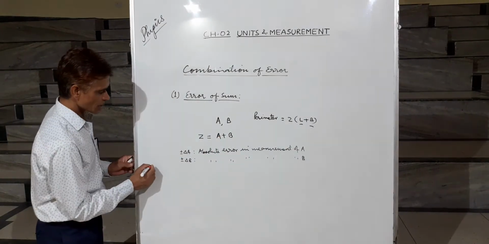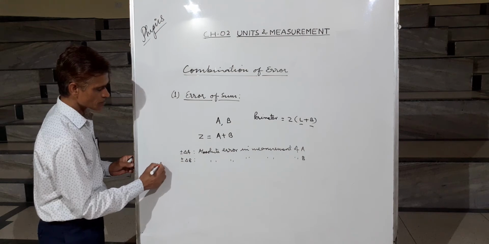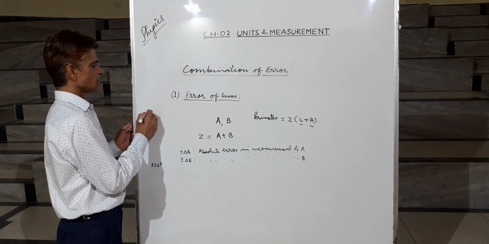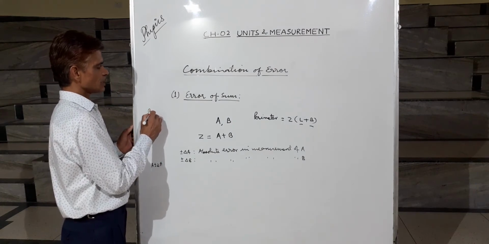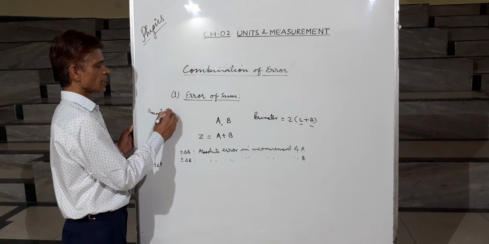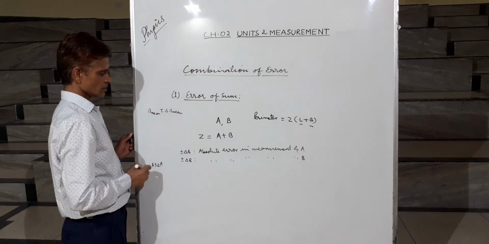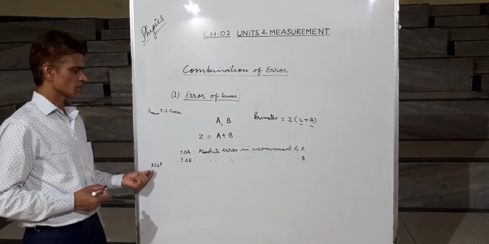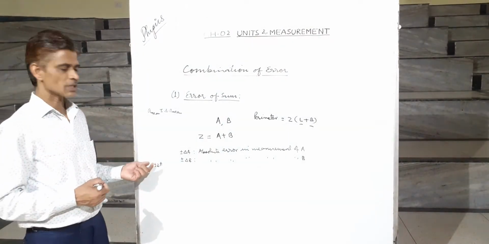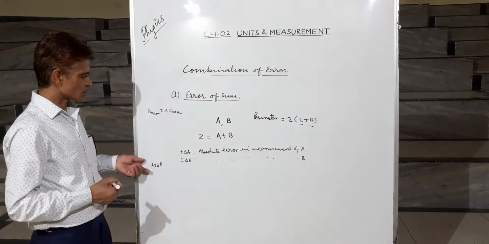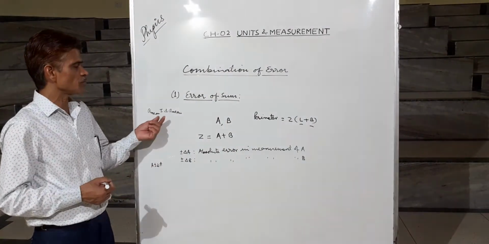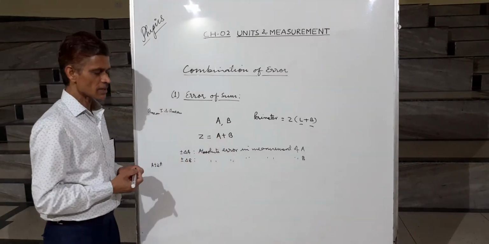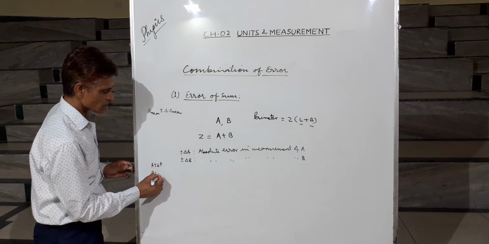We write it A plus minus delta A. As we discussed earlier, we write the result A mean plus minus delta A mean, that is A plus minus delta A. A mean is what? A mean is the nearest value. Nearest to what? Nearest to true value. So we code the result in this way, A plus minus delta A. Similarly, B will be written in this way, B plus minus delta B.